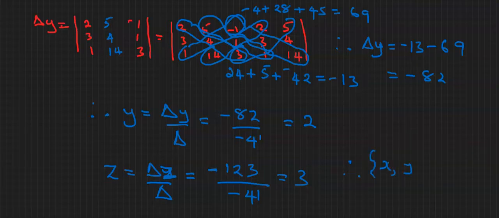And hence x, y, z is 1, 2, 3. And that is the Cramer's rule of solving a linear system with 3 unknowns.